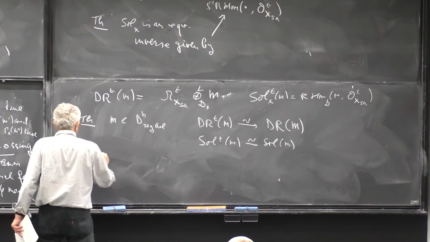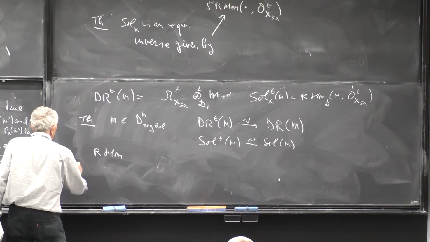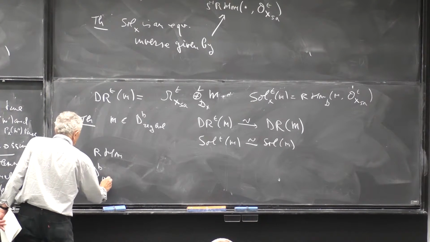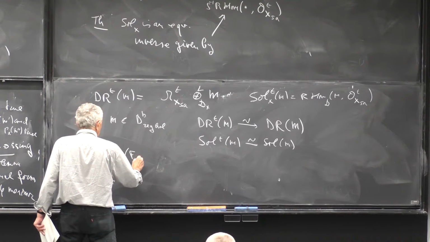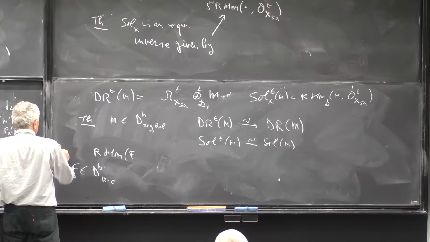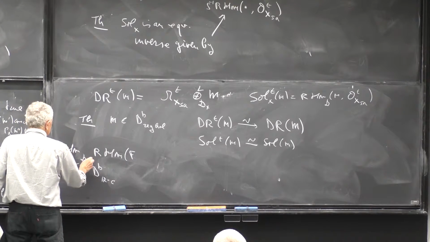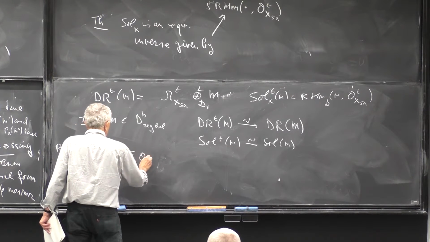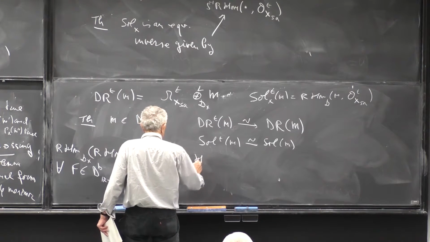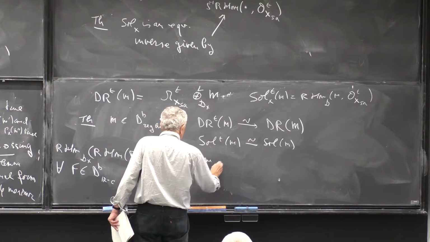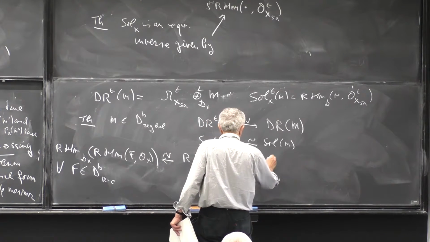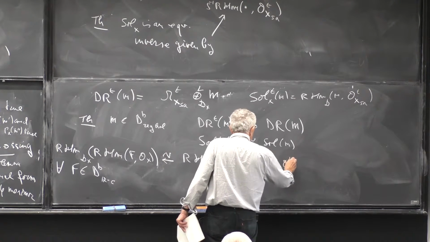So, for example, it shows that for any R-constructible F, RHom over D_X of M, RHom(F, O_X) is isomorphic to RHom over D_X of M, RHom(F, O_X temperate).